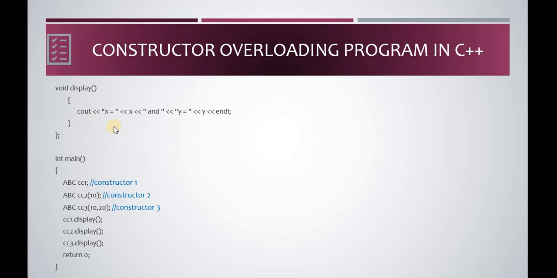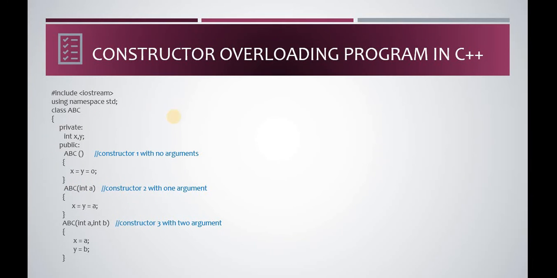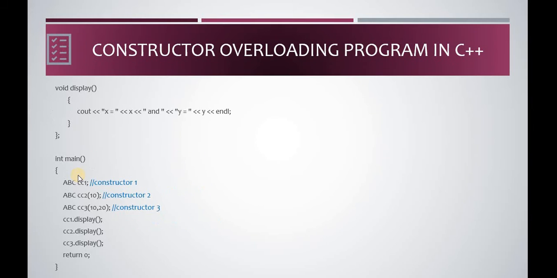Then we are displaying those values. First of all we have created one object without any arguments. We are not passing any value, so which constructor will it call? It will call the default constructor, which is not taking any value.